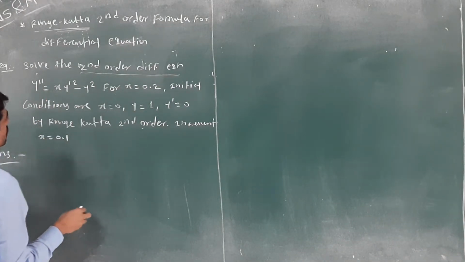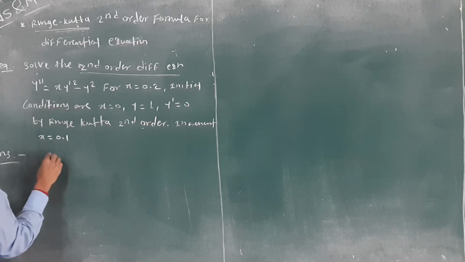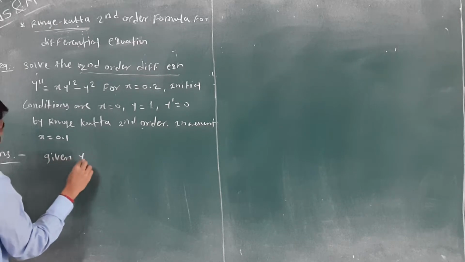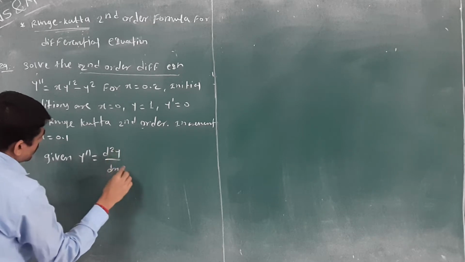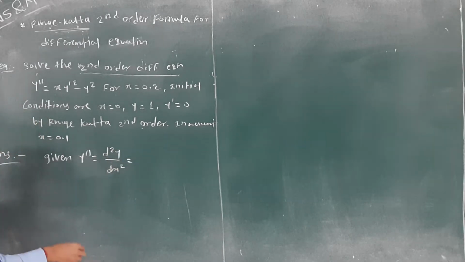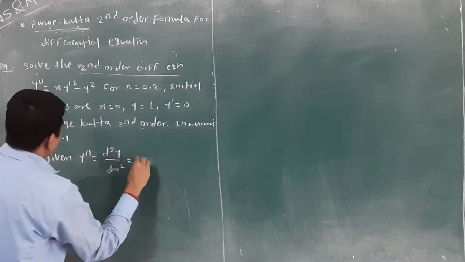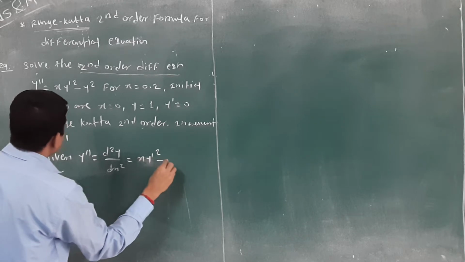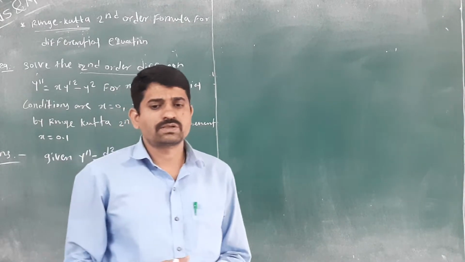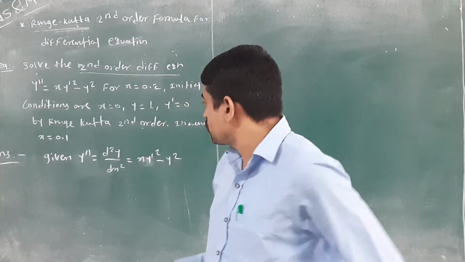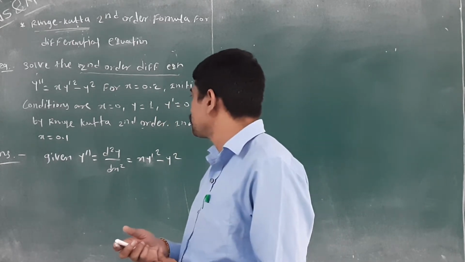This differential equation is given, and y double dash means, I will write the given data, y double dash is equal to, as we have already seen in the first lecture, d square y by dx square is equal to x into y dash square minus y square.